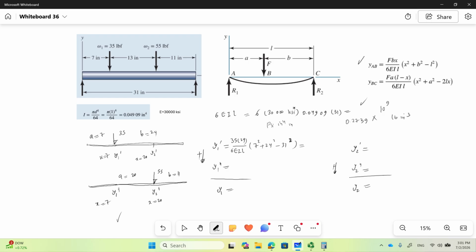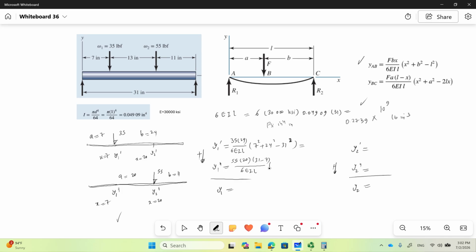For that one, we can still use this YAB equation, but alright, so let's see. This time my force is 55. What is my A? It's 20. And then what is L? And then you have L minus X. L is 31 minus 7 divided by 6EIL. 6EIL is the same thing.